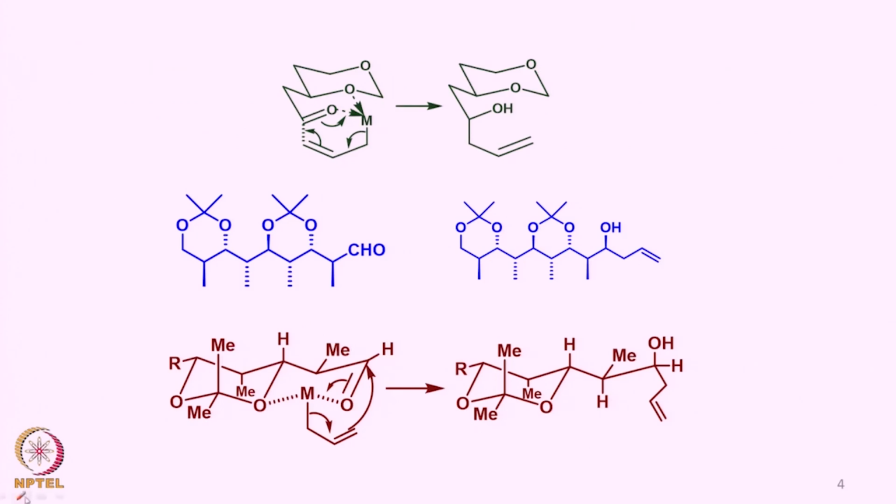So, if we try to write the intermediate or the transition state of this kind, where there is an acetal moiety present here, and the aldehyde which is present here reacts with the Lewis acid part of the allyl reagent, then of course there is a chelation from this oxygen as well as through the aldehyde oxygen, and this is the kind of transition state that is formed where the allyl group is transferred, and you would eventually get here OM, which is the O metal, and then upon hydrolysis that releases the corresponding homoallyl alcohol.